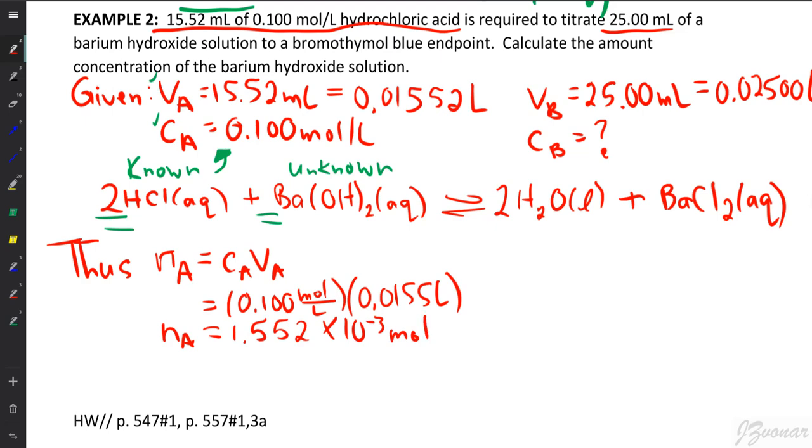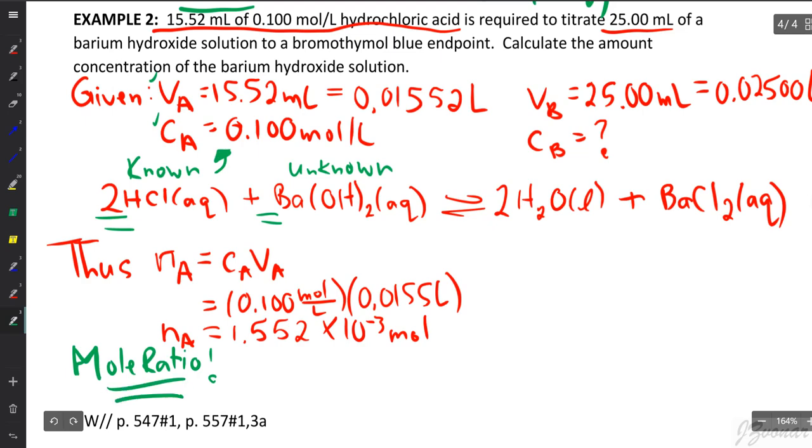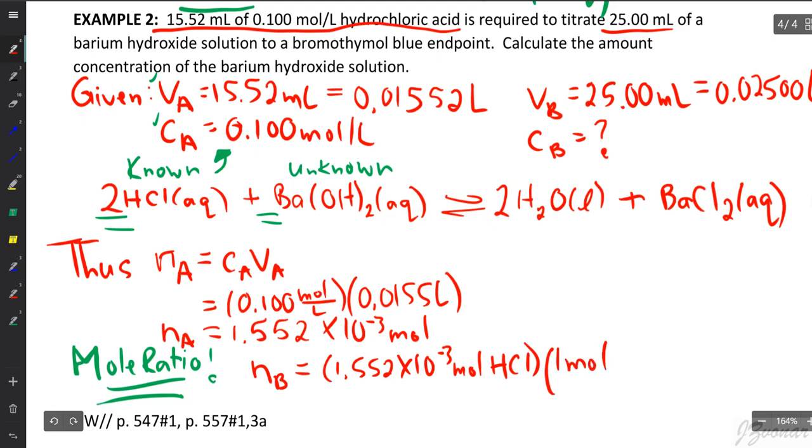Next step is to find the mole ratio using stoichiometry to get my moles of my base. So I just calculated 1.552 times 10 to the negative 3 moles of HCl. And the mole ratio from the balanced equation is 1 mole of barium hydroxide over 2 moles of HCl.